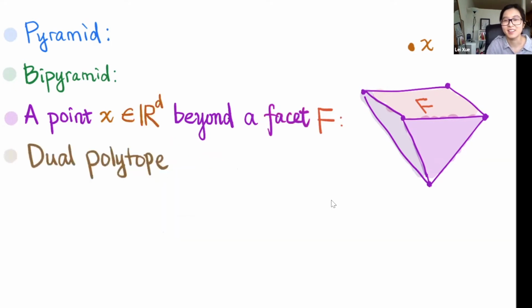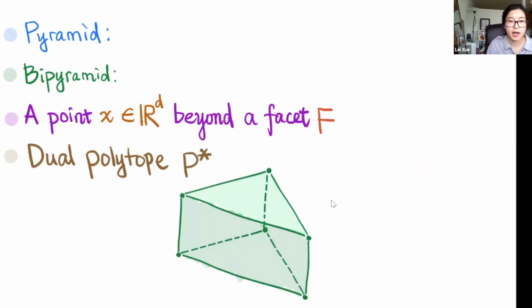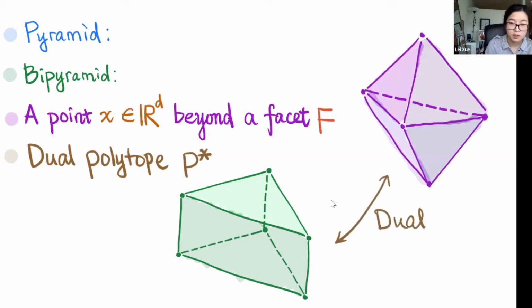Okay, and now I think we're ready. No, okay, I lied. There's one more definition called the dual polytope. This is a relatively hard one. It's denoted as P star, called P dual. Given a polytope P, its dual polytope is a polytope of the same dimension, also d-dimensional. And the face poset of the dual polytope will be the flip over, upside down, of the face poset of the original one. Let me first give this pair of examples. These two polytopes are dual to each other.